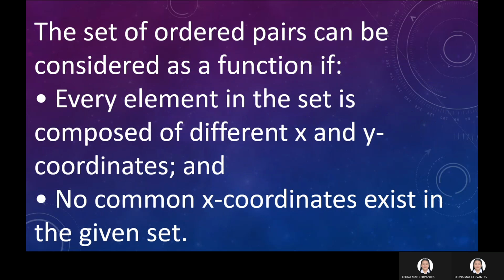The set of ordered pairs can be considered a function if every element in the set is composed of different x and y coordinates, and no common x-coordinates exist in the given set.